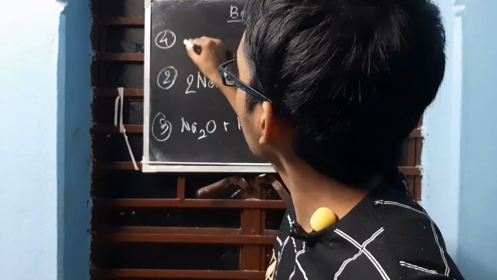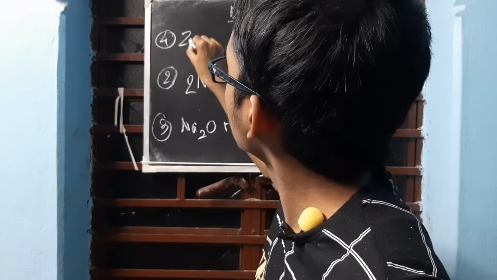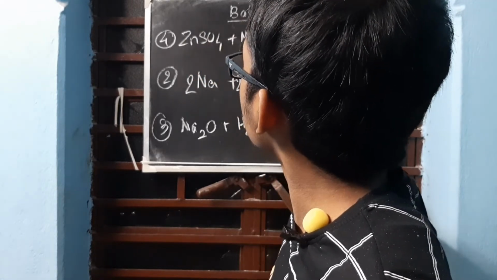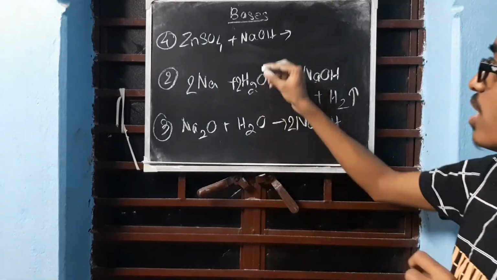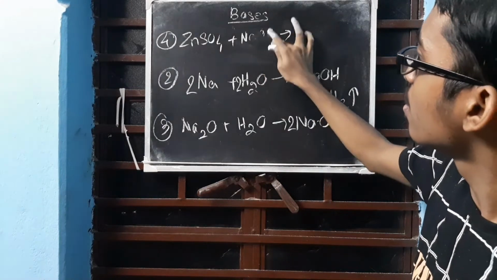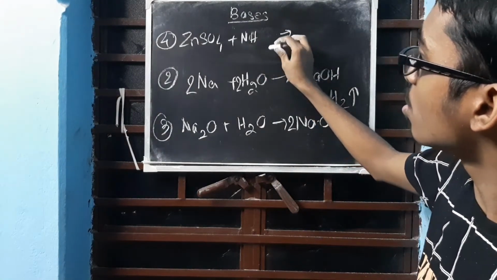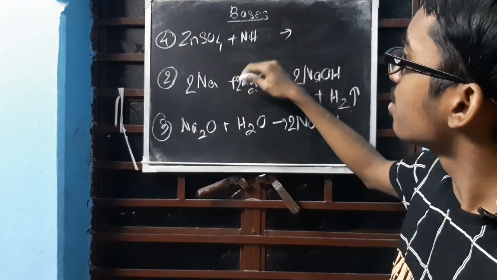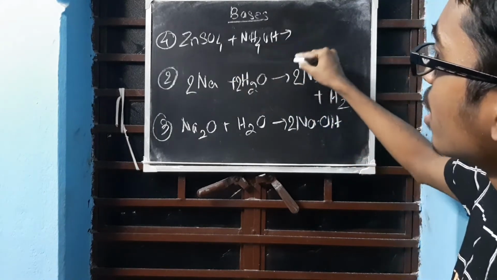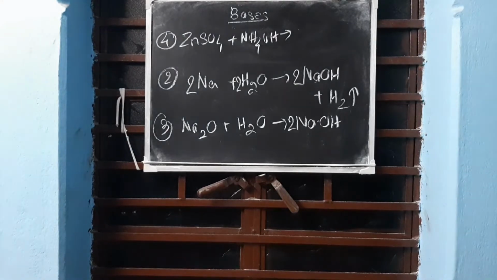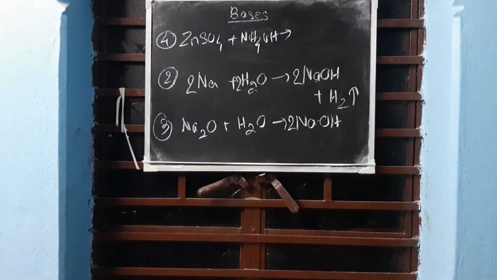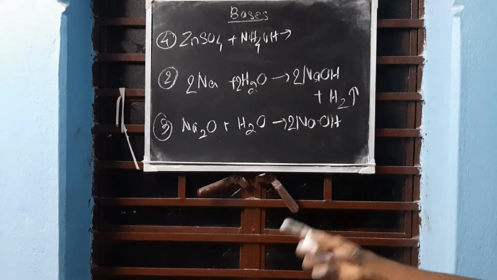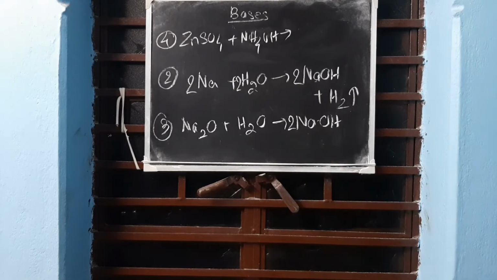So let us react ZnSO4 plus a little NH4OH. This reaction is there in analytical chemistry also. If you have read analytical chemistry before, then you might have come across this reaction there also. Right?